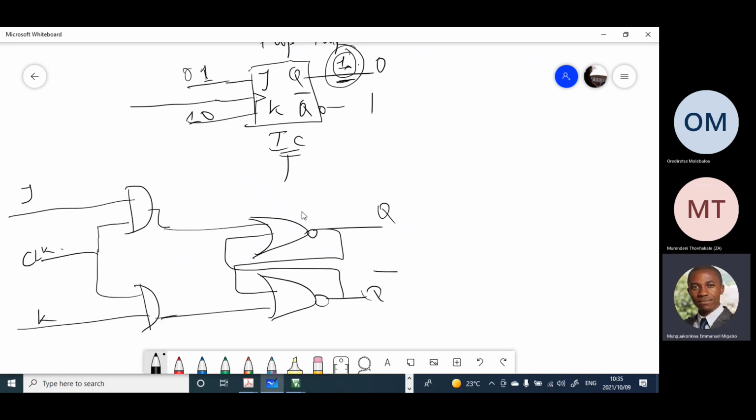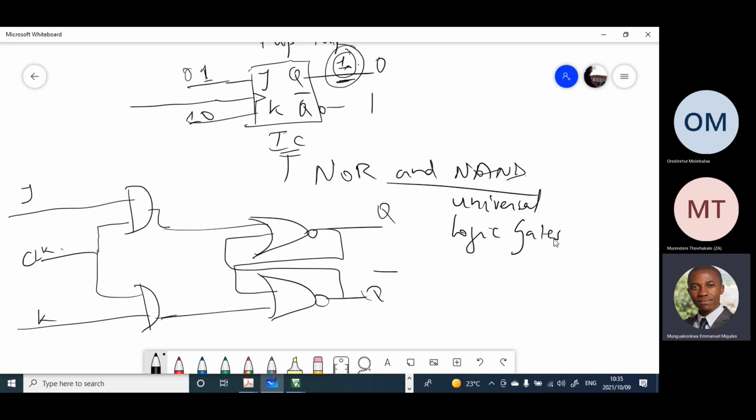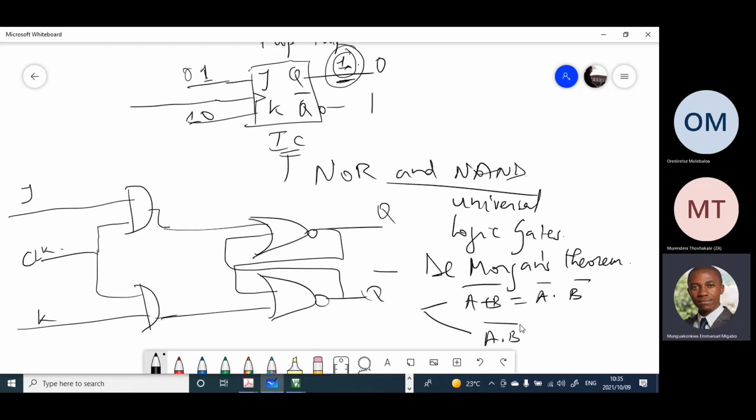As I mentioned, there's a reason why I mentioned NOR gate: NOR or NAND, because from the logic implementation point of view, these are what we call universal logic gates. Because, thanks to the De Morgan theorem, which has two formats, A plus B bar equals A bar times B bar, and A times B bar equals A bar plus B bar.